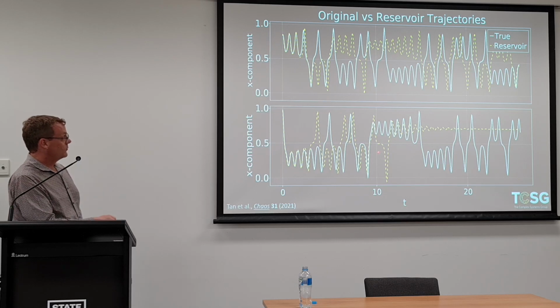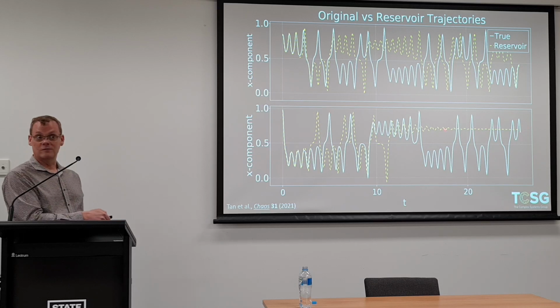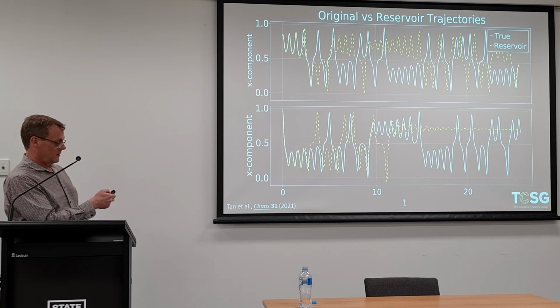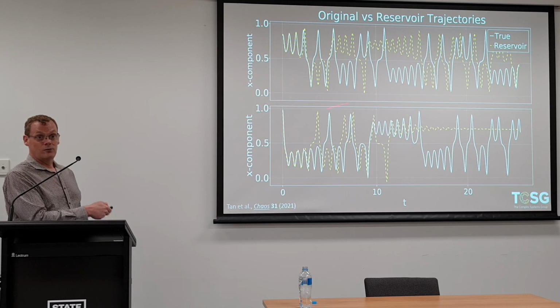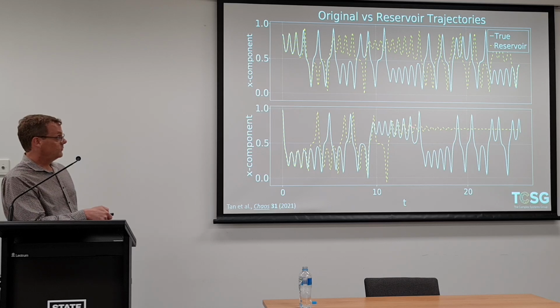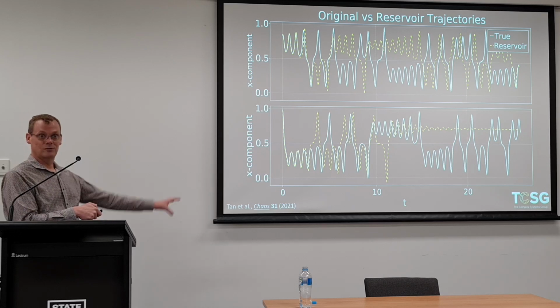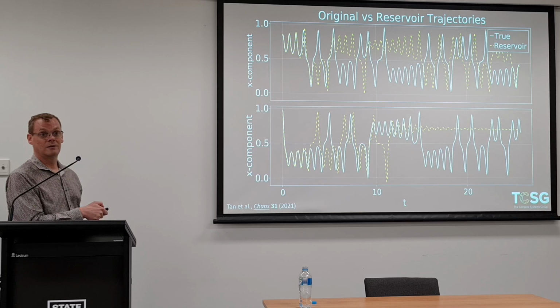This one is a bad model because eventually it does something that's quite different from the Lorenz system. This one doesn't do that. And it's not just I've chosen different runs. This one genuinely doesn't have this behavior. This behavior exists because there's a stable fixed point in the system, which this one doesn't have.